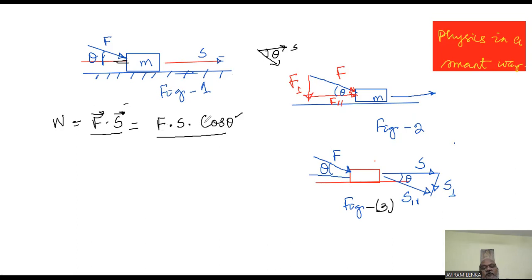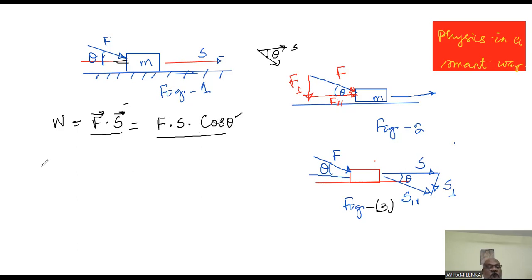If the force and displacement are in i cap, j cap, k cap form, and I think by this time you are conversant with that, you can directly go for the dot product, or else we can use the formula: magnitude of the force into magnitude of the displacement into cosine of the angle between them.